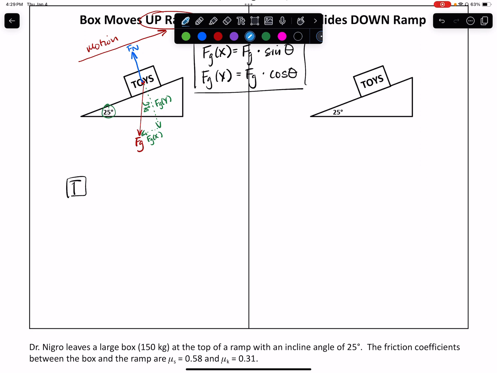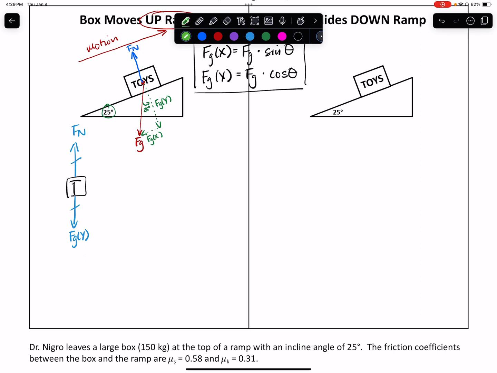So my vertical force upward is just going to be that normal force. And then opposing that is not Fg, but instead it's the y component of Fg. And it's important that you make that distinction because Fg and the y component are two different numbers. These two are going to be equal and opposite to one another.